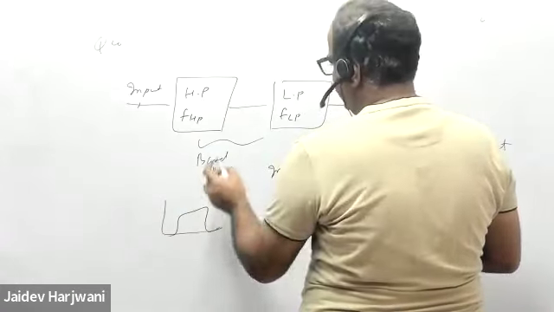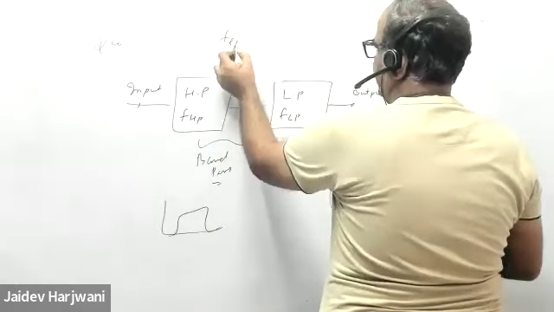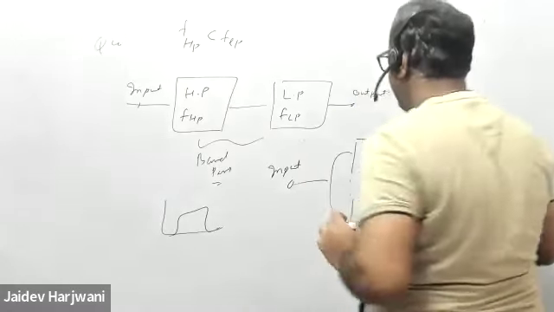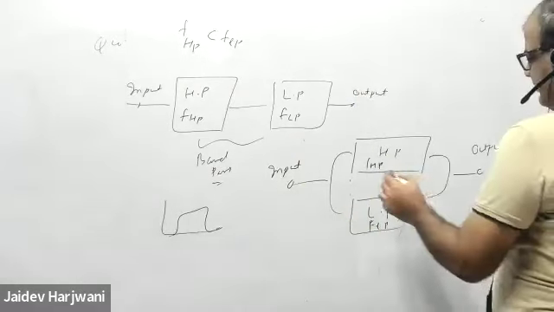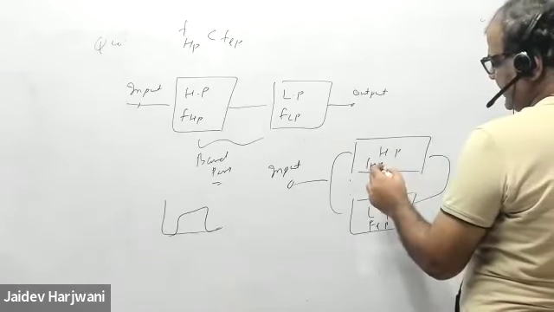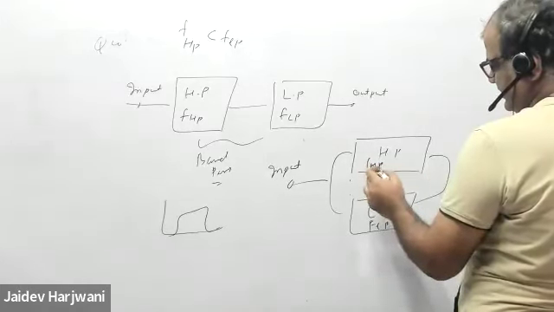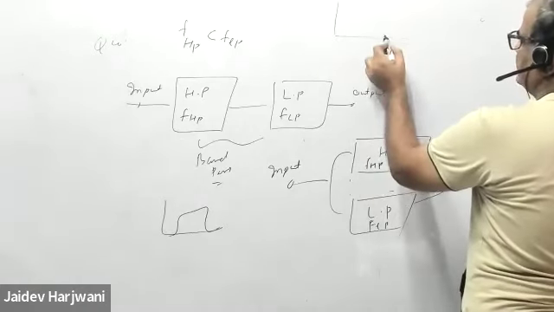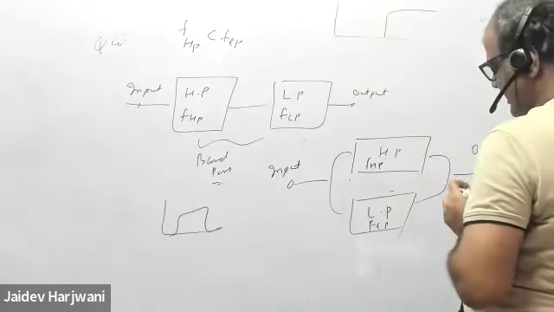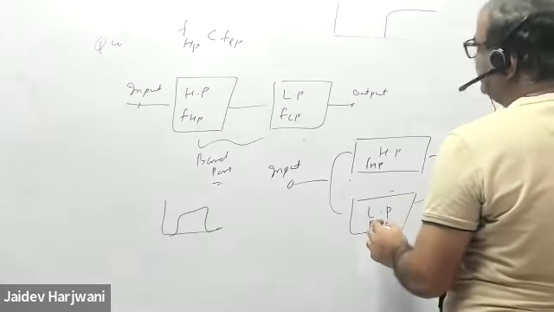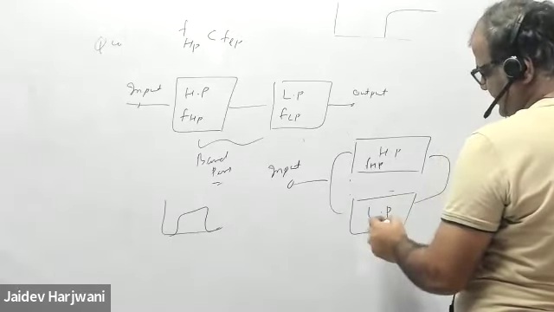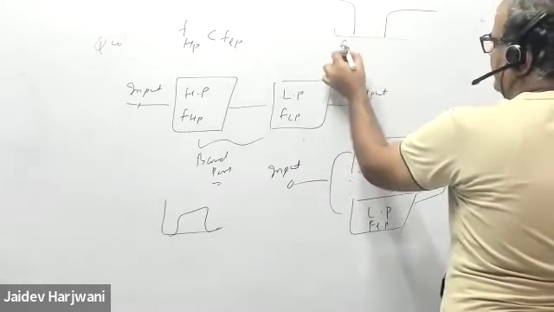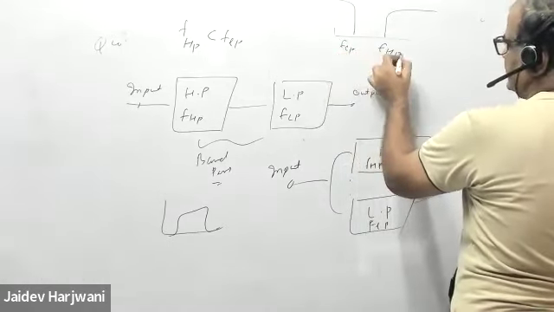Here FHP is less than FLP. With the high pass, anything higher than FHP will pass. And with FLP, anything less than FLP will pass. This is FLP and this is FHP, correct.